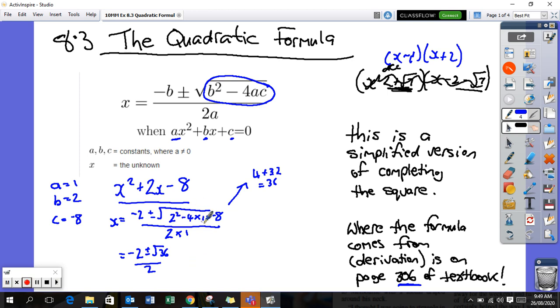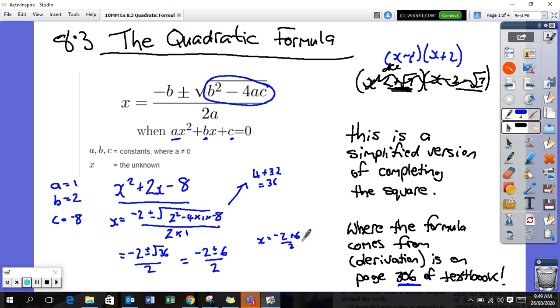This bracket ended up being 36, so this under the square root sign ended up being 36. That's the square root of 36, which is 6. So effectively we've got negative 2 plus or minus 6 over 2. Okay, so we branch off and we can say x equals minus 2 plus 6 over 2.